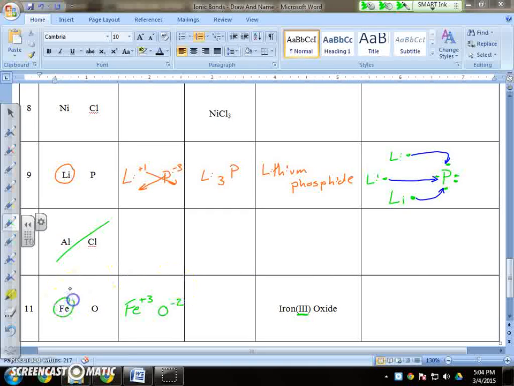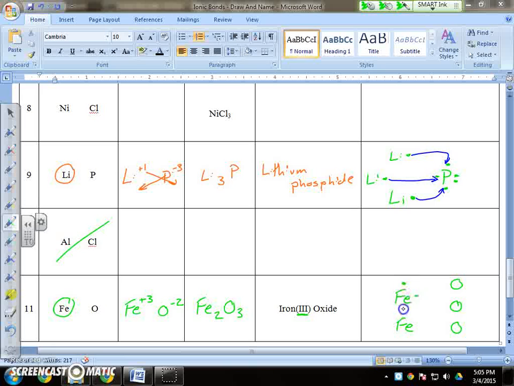I know iron happens to be the metal, and I know when I crisscross these, I'm going to end up with a Fe2O3. And so when I draw this out, I'm going to end up with an Fe and an Fe, and I will end up with 3 oxygens. Each oxygen will have 6 valence electrons. Each iron will have 3 valence electrons.